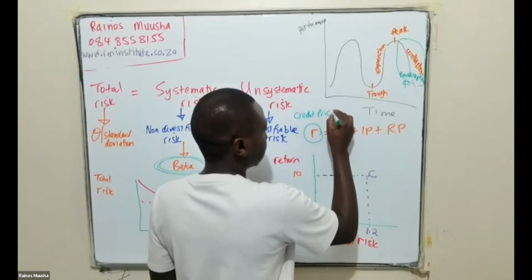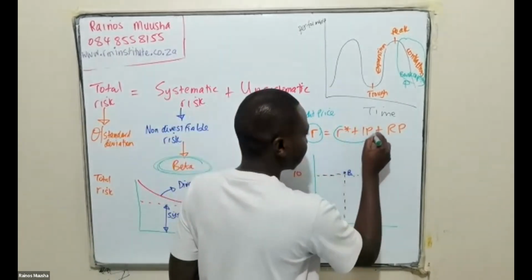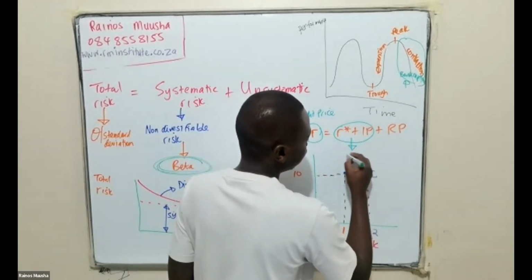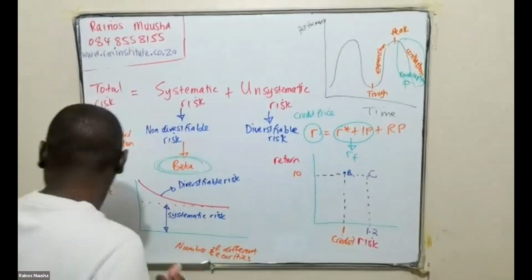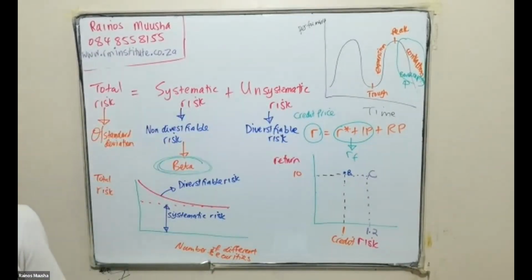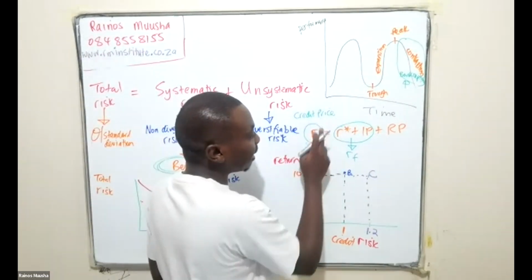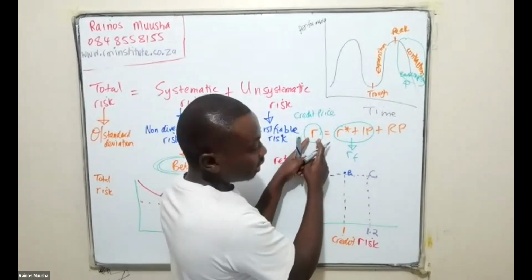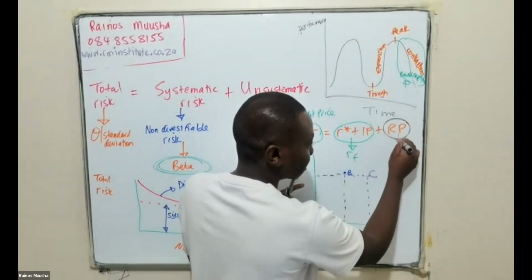Your real rate of return and inflation premium is usually the risk-free rate of return. To ensure that you arrive at a good credit price, which determines your return, you need to make sure that you properly take into account the credit risk.